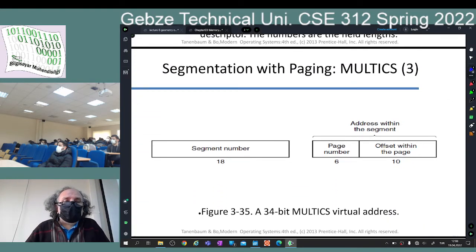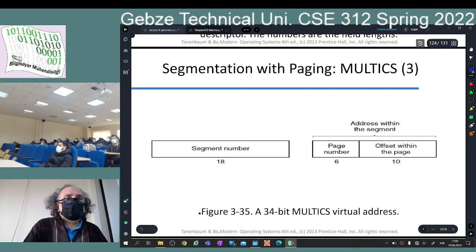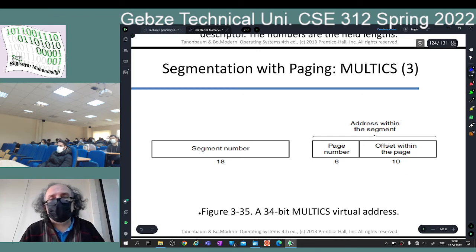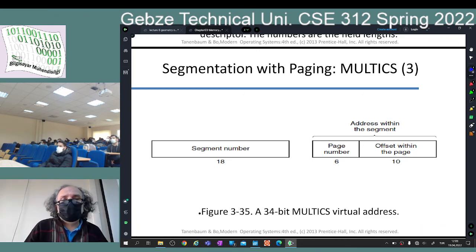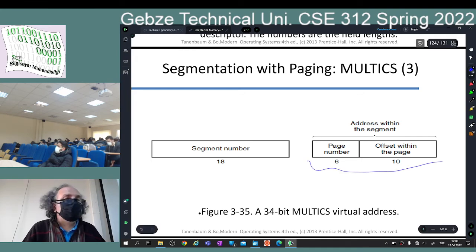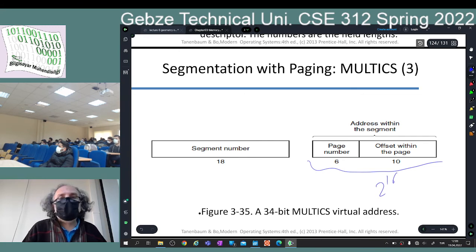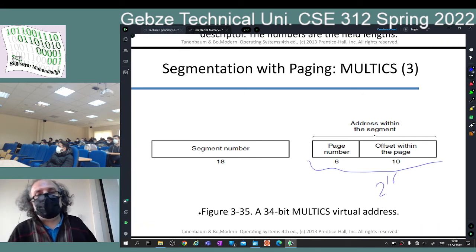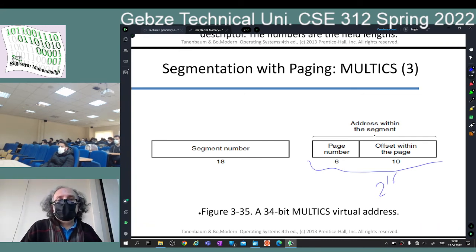Okay, and this is the 34-bit MULTICS virtual address. First, you give the 18 bits as your segment number, and inside your segment you specify your page number, and inside your page you specify your offset. So previously for the paging we only used this part. It is 2 to the 16, the maximum size of the page here.